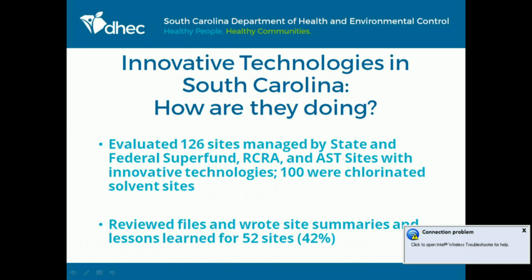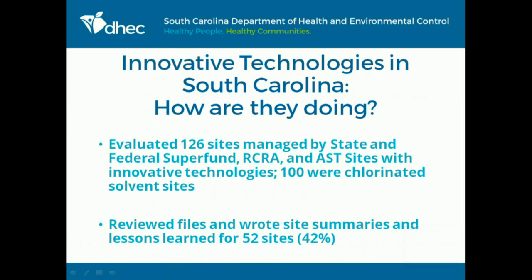So I evaluated 126 sites that were managed by state and federal Superfund, RCRA, and above ground storage tank sites. And all of these sites had innovative technologies, and of the 126 sites, 100 of them were chlorinated solvent sites. I reviewed the files for all of them, and the ones that I found particularly interesting or different, I wrote some site summaries and lessons learned for each of those sites, and that was about 52 of the sites.